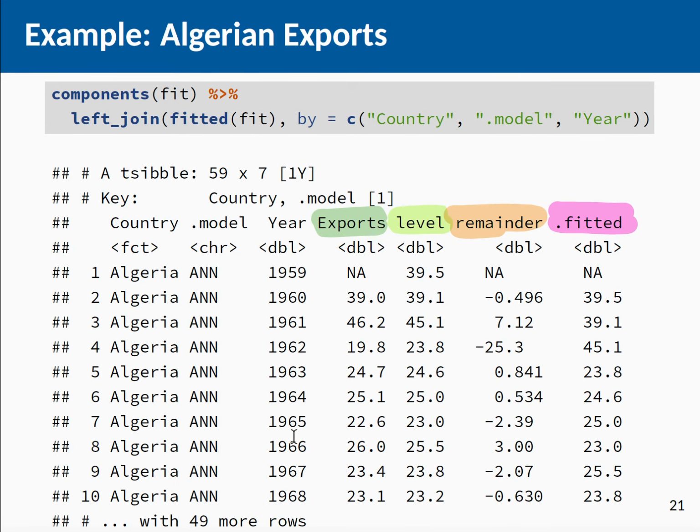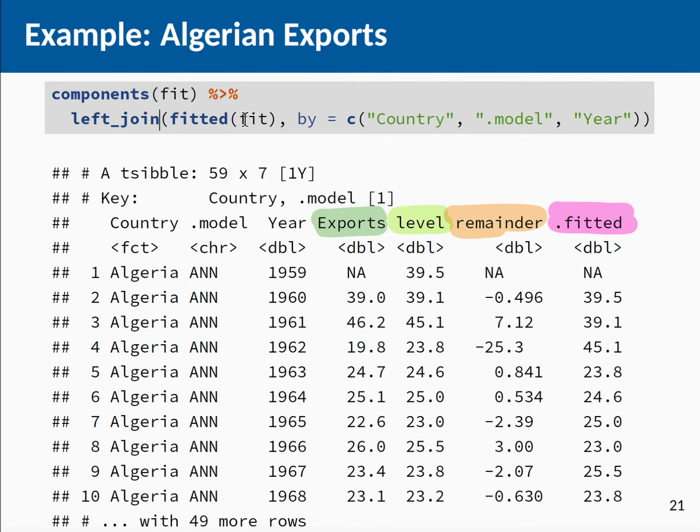Okay, now sometimes you might want to look at different things from the output that is produced. Here you can look at the fitted model one more time, and you can look at its different components. So if you want to look at what's the level, what's the remainder, what's the fitted value, you can take a look at all of those, and all you have to do is use this left join command.